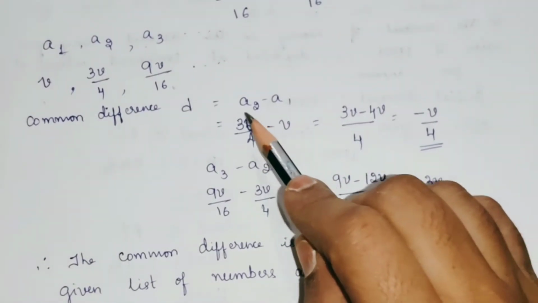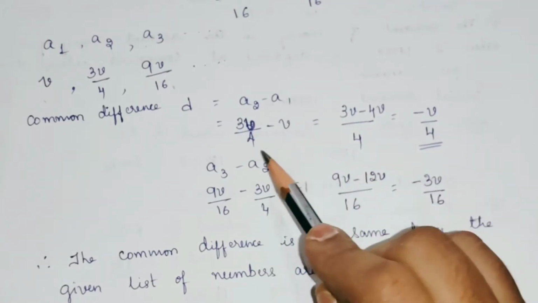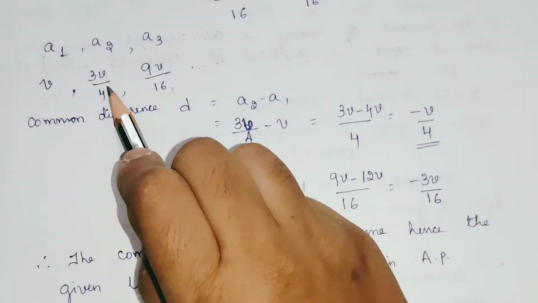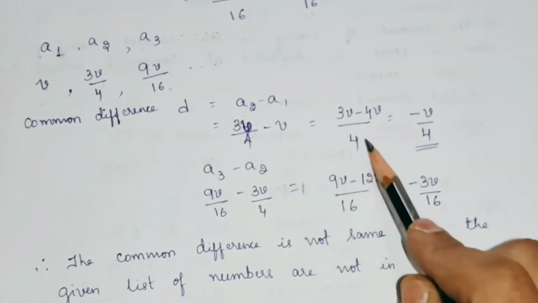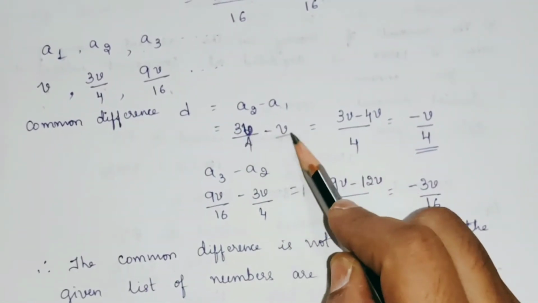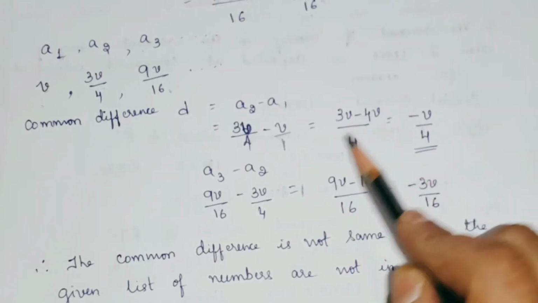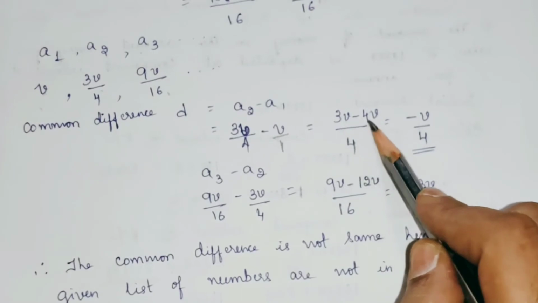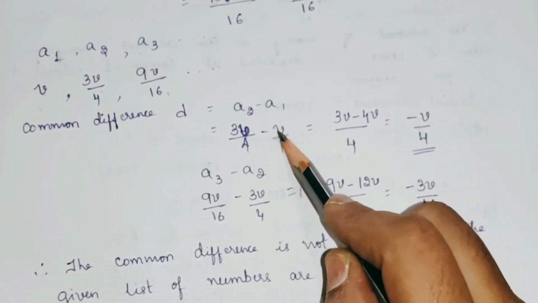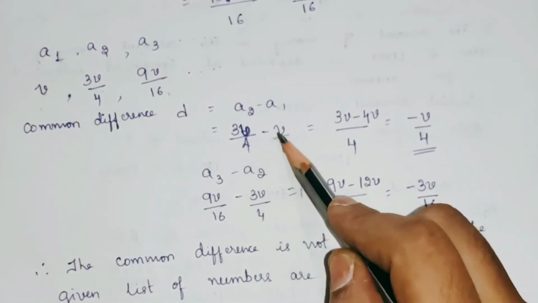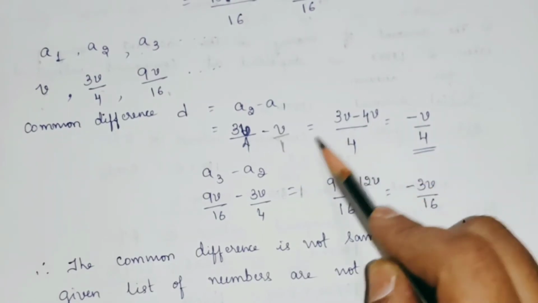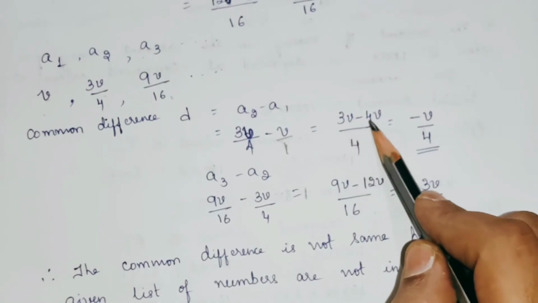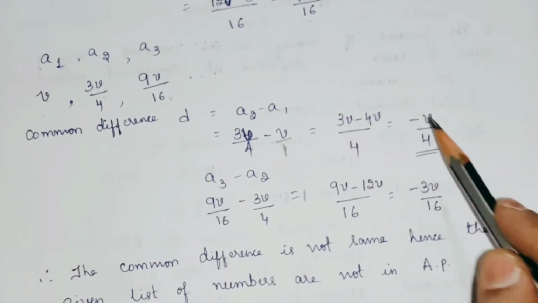You know very well, second term minus first term is 3V by 4 minus V. Then subtract it. Again you have to go for simplification. If you simplify, here 4 is the LCM, 3V minus 4V, because the denominator is 1, you have to multiply by 4 to make the denominator 4. Then 3 minus 4 is minus V by 4.